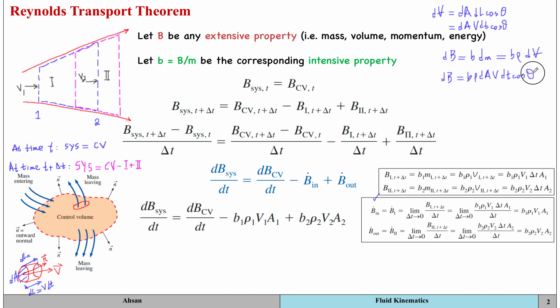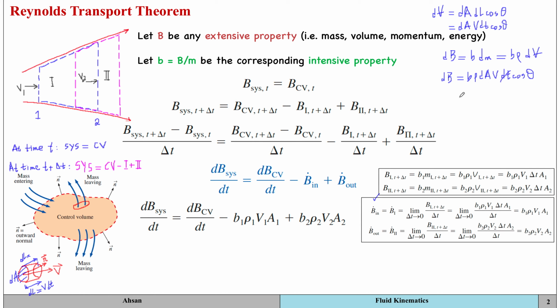And to simplify it further, because what we're essentially looking at is B dot, that means we need to take a derivative with respect to time. So this would become dB by dt, and dt on the other side as well is going to cancel out.